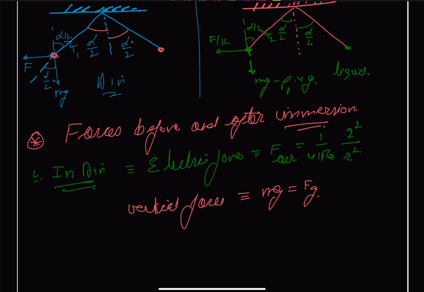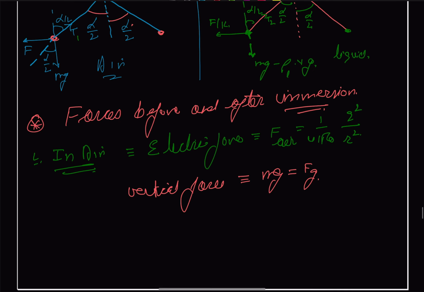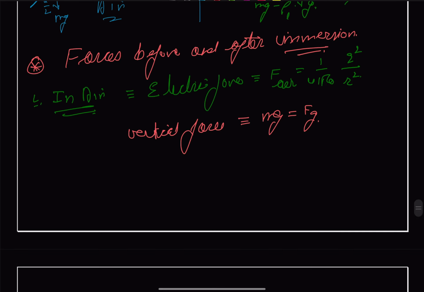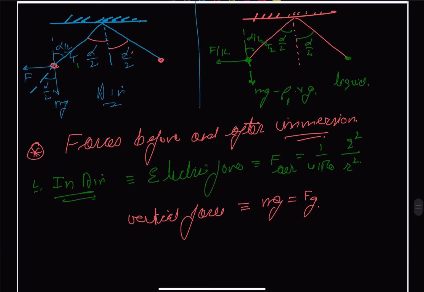So in the horizontal equilibrium we can just find out the angle directly, because our tension can divide into two components, sine alpha by 2, cos alpha by 2. So this will be our T1, and we have our T1 sine of alpha by 2 and T1 cos alpha by 2.